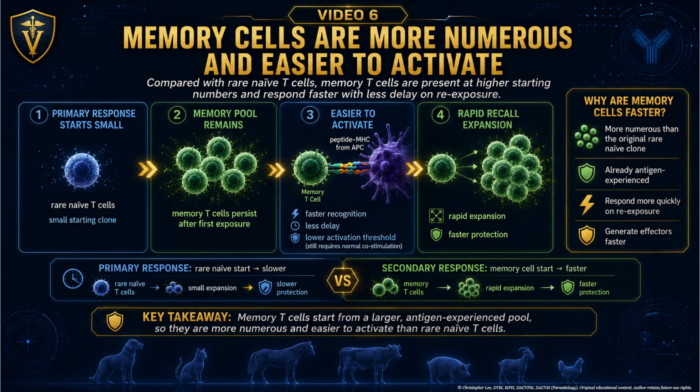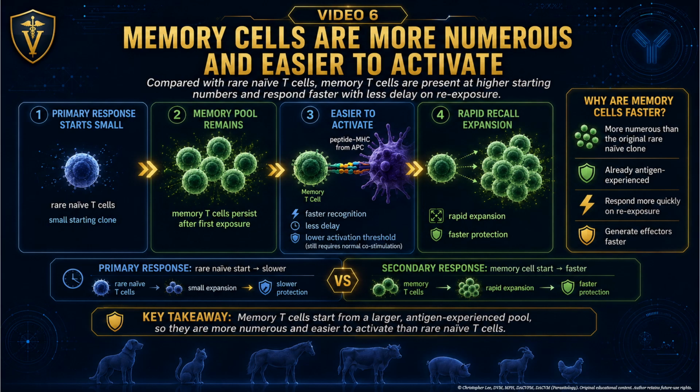They have already gone through activation and differentiation once. Third, they often require less co-stimulation than naive cells. That does not mean memory cells ignore all normal rules of activation. They still respond to antigen and signals from the immune environment. But their activation threshold is lower, so they can respond more efficiently. And fourth, they can differentiate into effector cells faster.